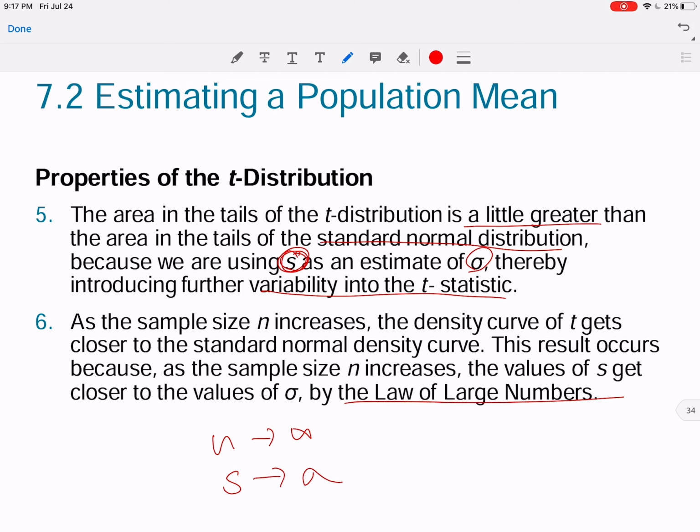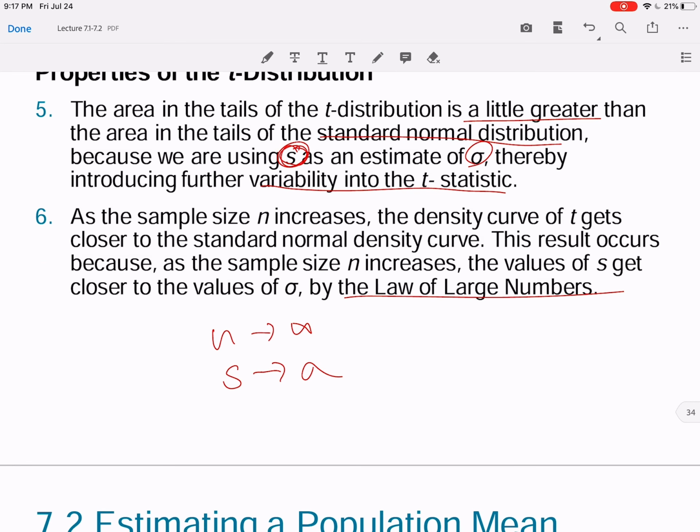In other words, if n is large enough, we can use the sample standard deviation to replace the population standard deviation. To say n is sufficiently large means that n is greater than 40.